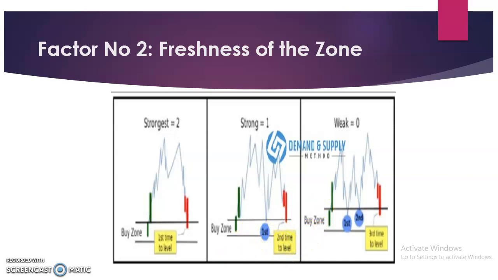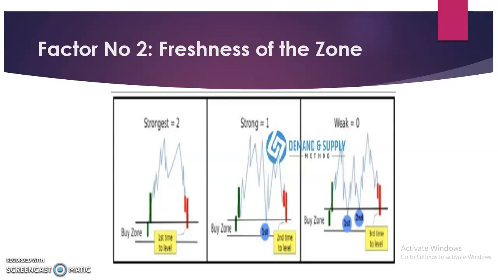But once a zone has been mitigated the first and second time, the third time is already weak. Don't take that kind of trade when price is mitigating a particular zone, either a supply zone or a demand zone, for the third time.